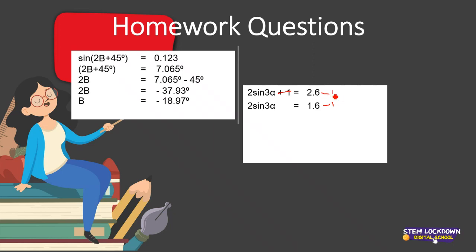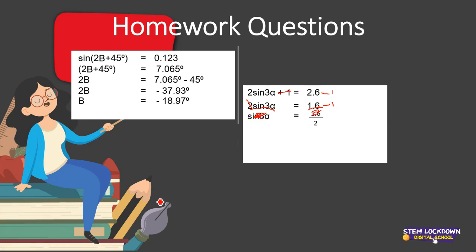That's how we get to 2 sine 3 alpha being equal to 1.63. Again, we need to remove the 2, so we divide both sides by 2. That will leave us with sine 3 alpha is equal to 1.6 over 2.